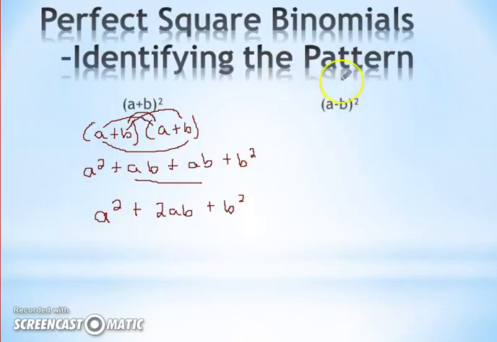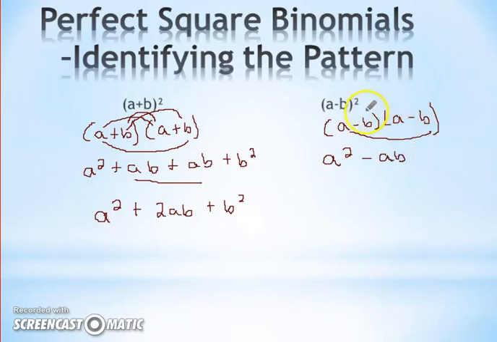Similarly, if I do the other one using the FOIL method, a minus b times a minus b, first times the first, we have a squared. The outside two terms would be a minus ab. The inside two terms would be a minus ab. And then the last two terms, a negative b times a negative b, equals a positive b squared.